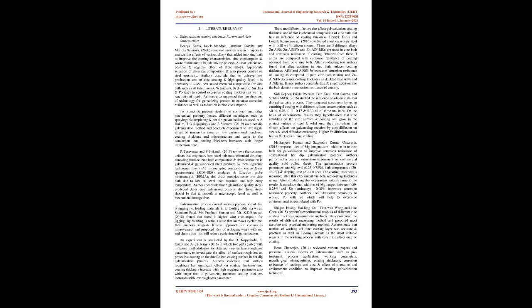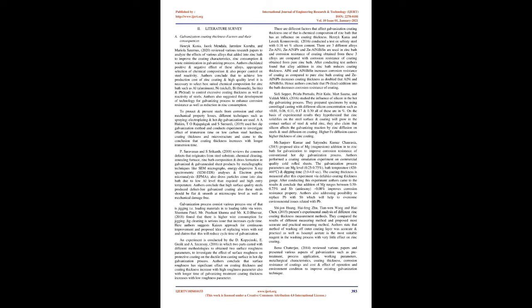There are different factors that affect galvanization coating thickness. One of them is the chemical composition of the zinc bath. Henryk Kania and Leszek Komorowski, 2016, conducted a test on Sebisty steel with 0.18 wt% silicon content. Three different alloys, Zn-AlNi, Zn-AlNiPb, and Zn-AlNiBiSn, were used in the zinc bath, and the corrosion resistance of the coating obtained from these three alloys was compared with that of the coating obtained from a pure zinc bath.